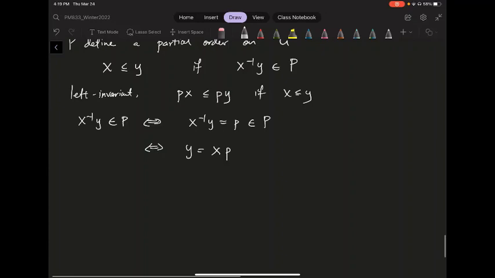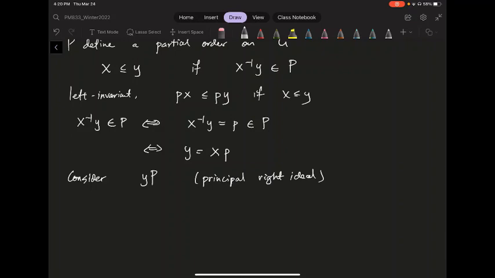And another thing is that you could consider all the things obtained by multiplying your semigroup elements to y. This is sometimes called yP, the principal right ideal. It's going to be smaller, so it's also contained in xP. These are all equivalent to each other.